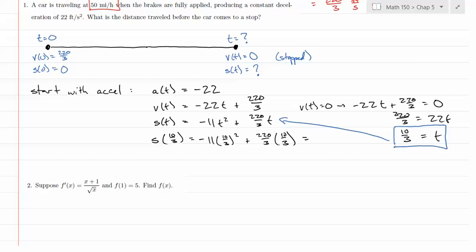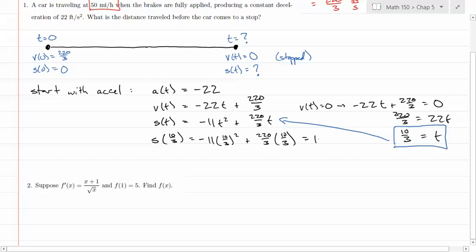And when I type that into a calculator, I'm getting about 122.2 feet. Okay, so this is how long it took, this is in seconds, and this is how far the car traveled before coming to a stop.